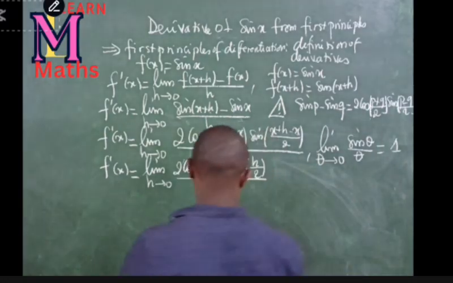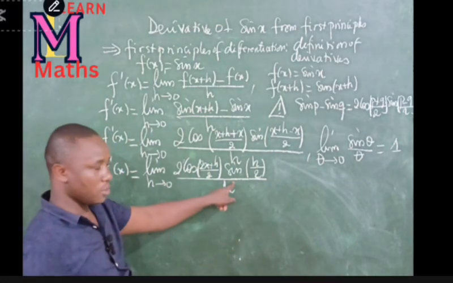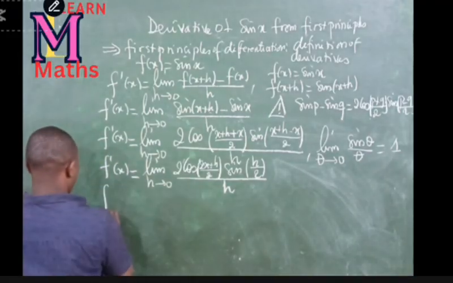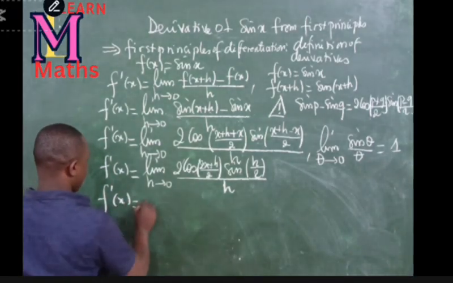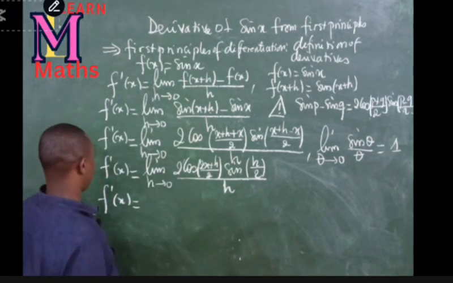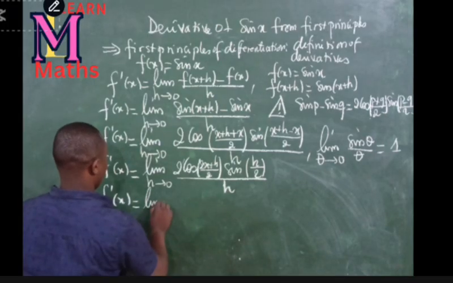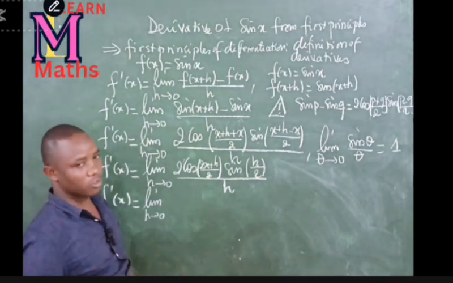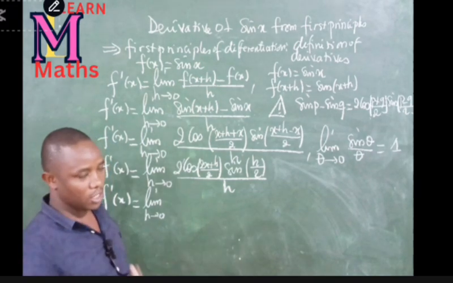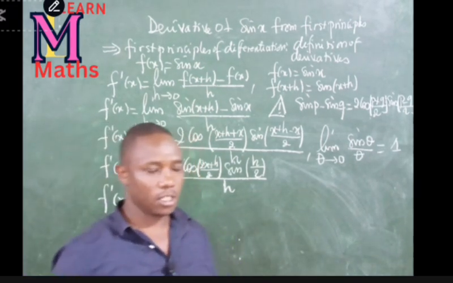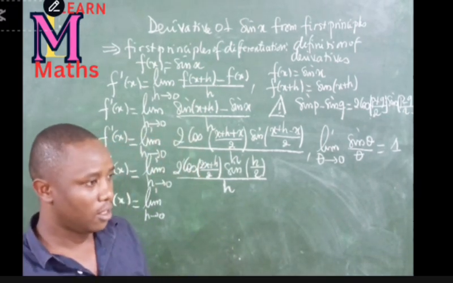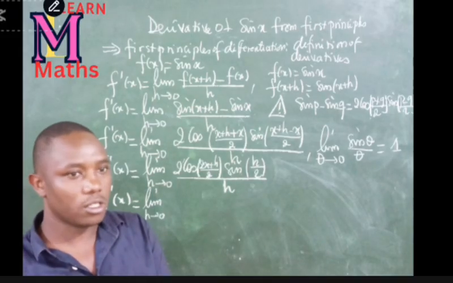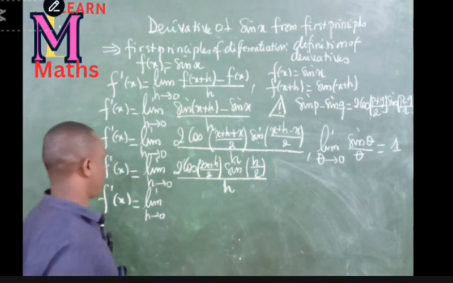Now, this will lead us to, let me write the derivative of f as the limit as h approaches 0, because here we have a product of 2 functions. You know that the product of limits is the limit of the product.